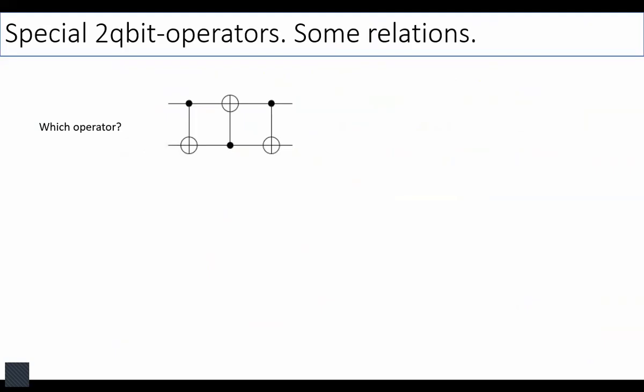Let's play a bit, even though the time is finishing, but we started a bit later. So what does this operation represent? Not C, C not, C not. What would it be?